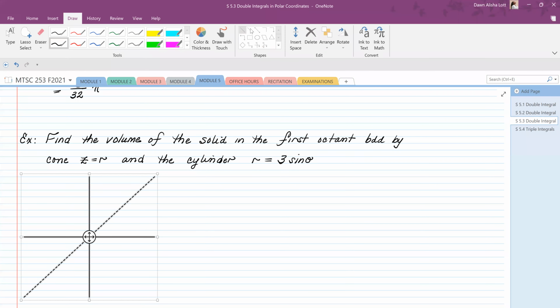So I have this cone. Okay. So there's my cone, Z equals R.